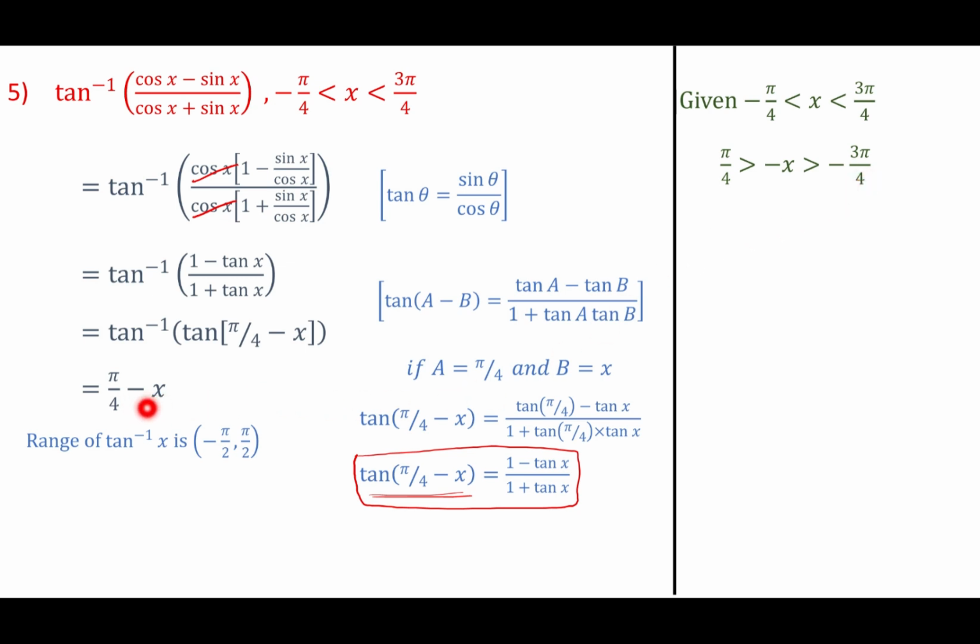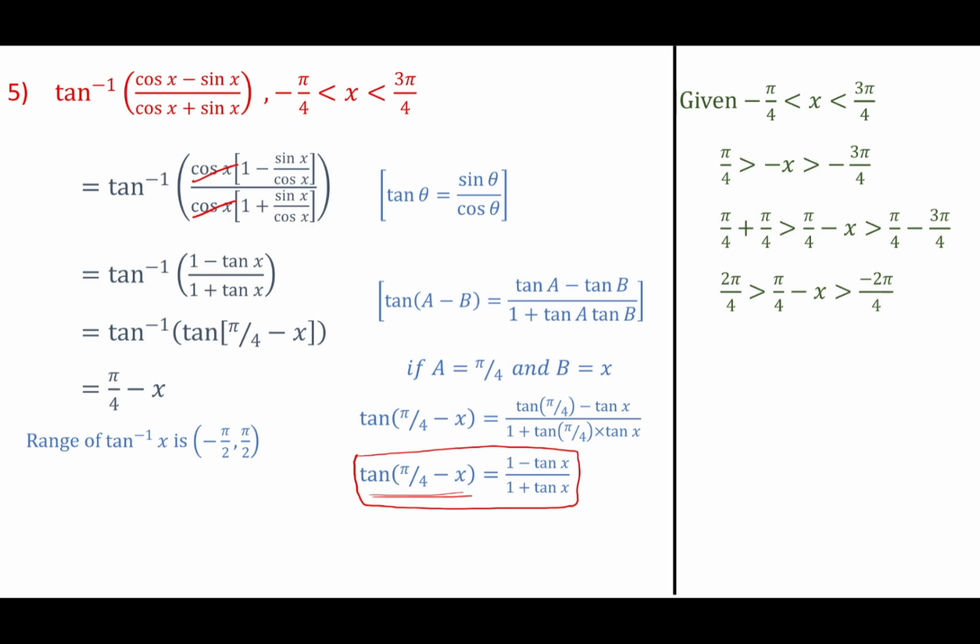I got negative x. Now I need to add pi by 4. Add pi by 4 throughout the inequality. So pi by 4 plus pi by 4, pi by 4 minus x, pi by 4 minus 3 pi by 4. Now pi by 4 plus pi by 4 is 2 pi by 4, and this is negative 2 pi by 4 because the denominators are the same. So pi minus 3 pi is negative 2 pi.